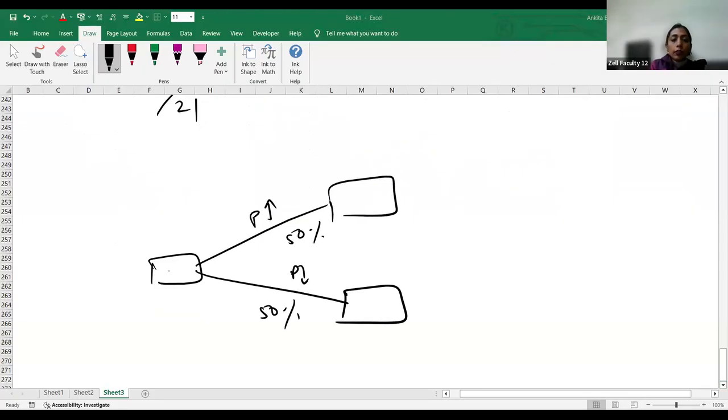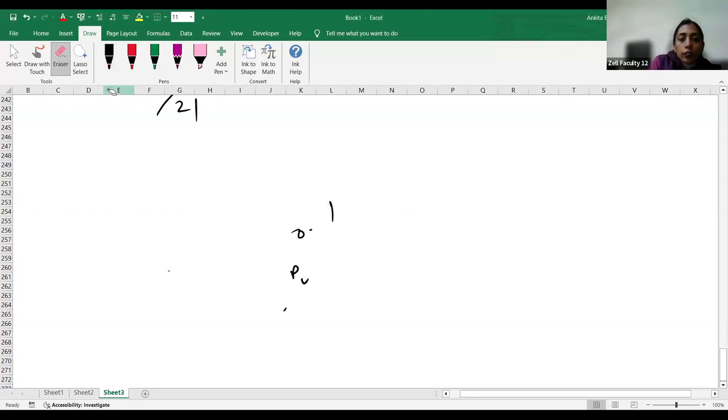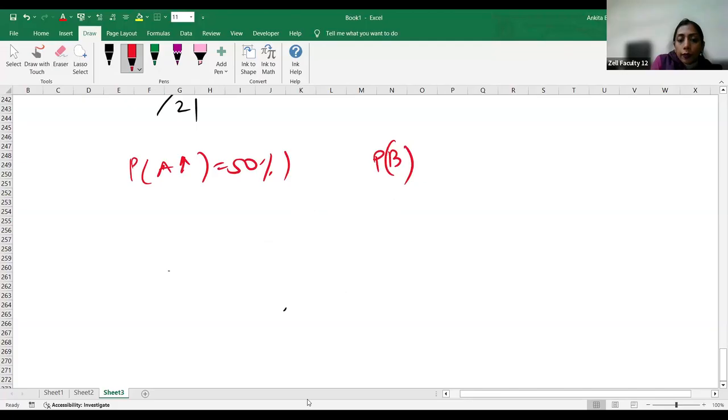Now I'm telling you that the probability of A to increase is 50%. The probability of B and A both increasing is, let's say, 40%.